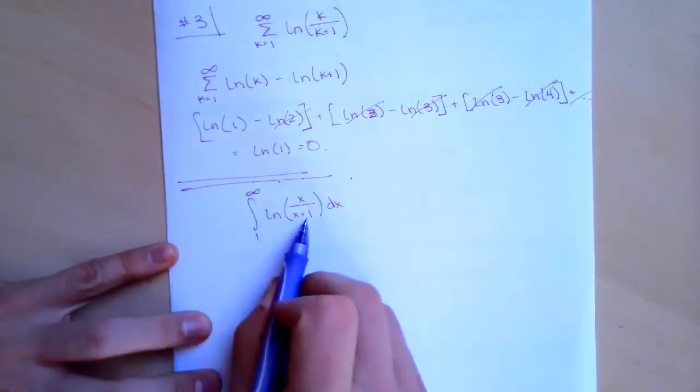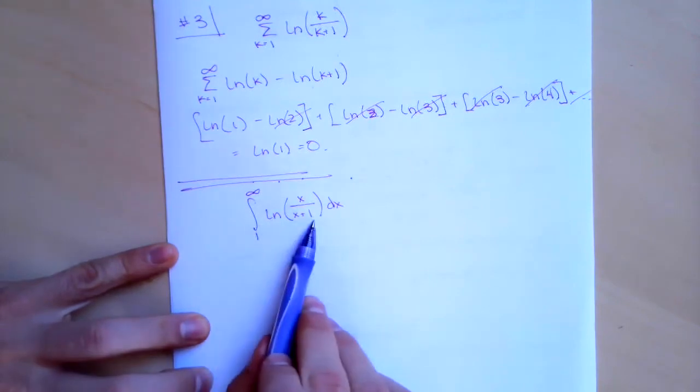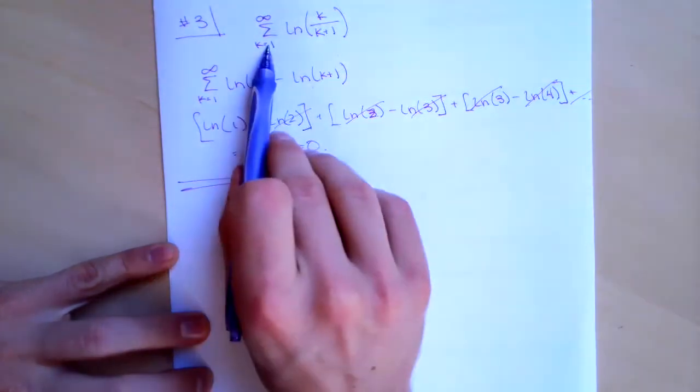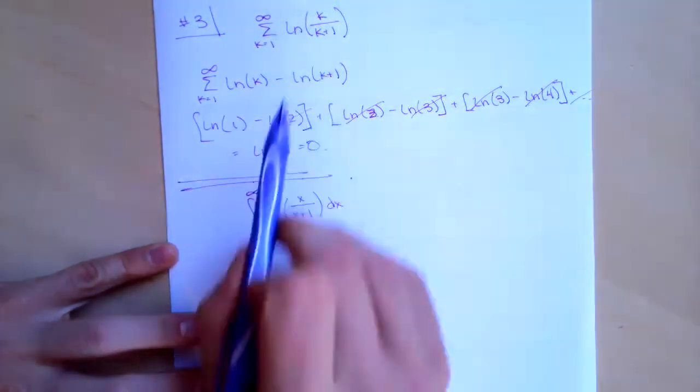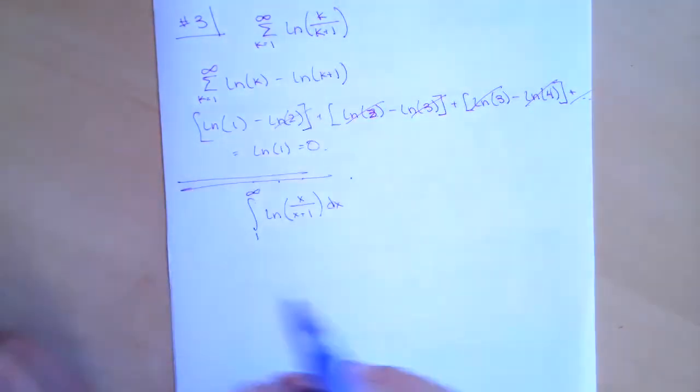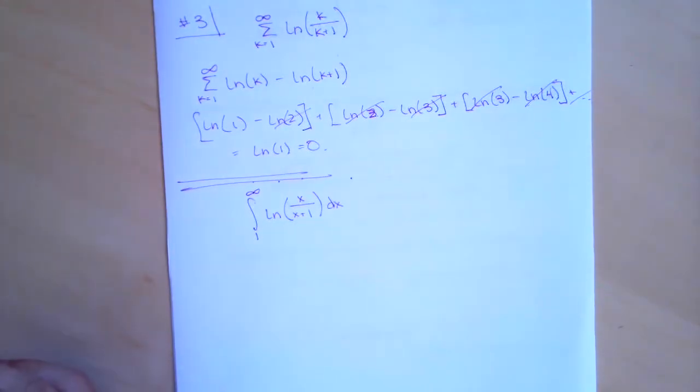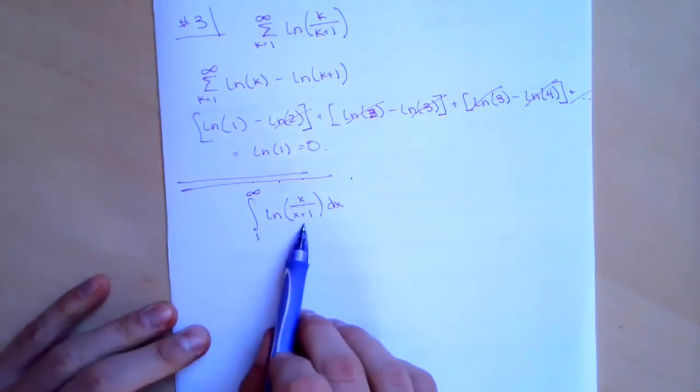So what's our integral test going to say? It says that if this integral converges, then this series will also converge; the integral and the series should converge or diverge simultaneously. And how do we do this integral now?